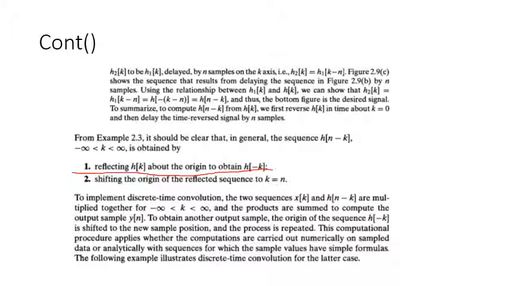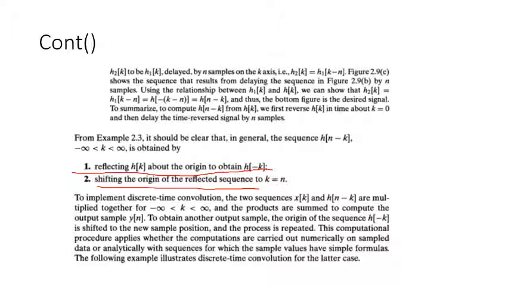Then what you have to do is shift the origin of the reflected image sequence, because we have to convolve. So we shift the signal to a point where there is no convolution, then to a point where there is convolution, and then finally to a point where there is no convolution. Let me briefly tell you how many intervals we have.